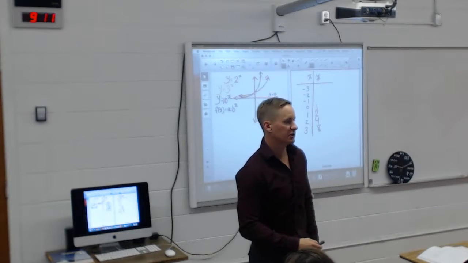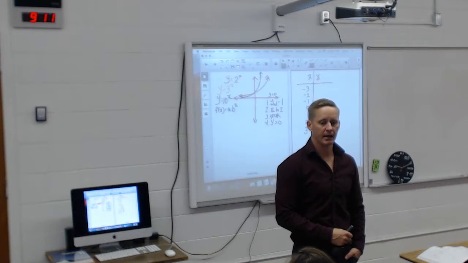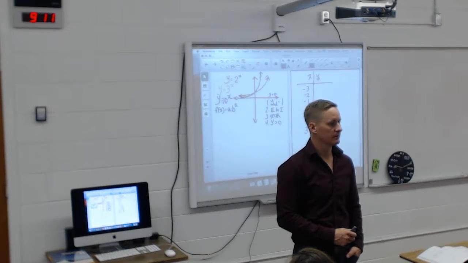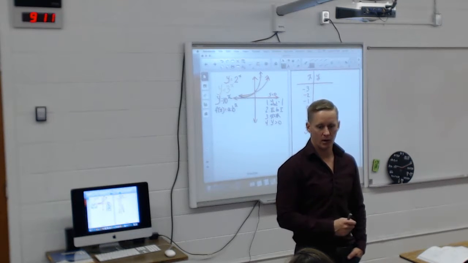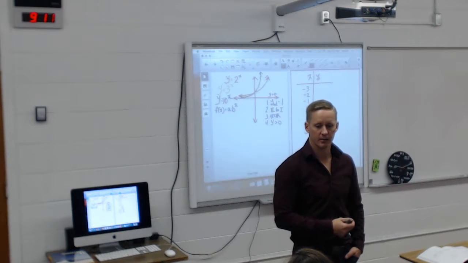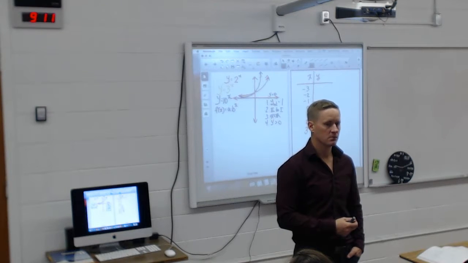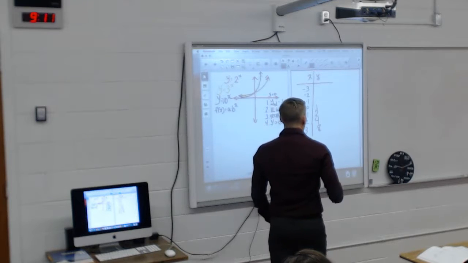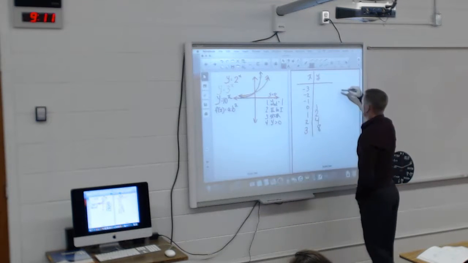Remember your exponent rules. What do you do when you have a negative exponent? Divide. Sort of. 2 to the negative 1. If I wanted to change that to a positive exponent, how would I do that? This is grade 10 math.